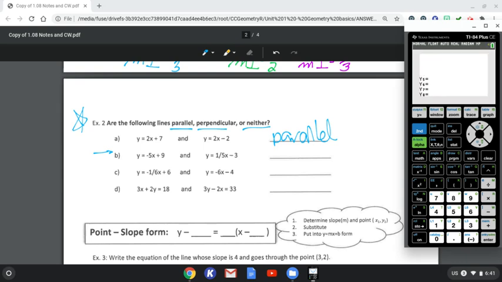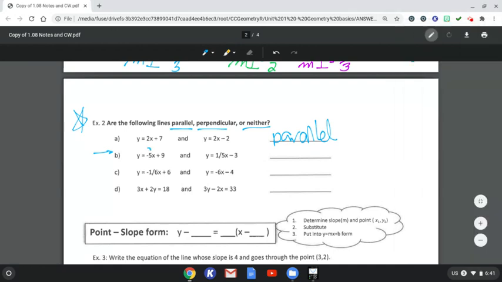Something I want to explain to you, when you graph them, your calculator screen is more rectangular than it is square, so this might not look exactly perpendicular. That's where knowing the rules is really important. But -5 and +1/5 are negative reciprocals, so these are going to be perpendicular. And remember, your symbol for perpendicular is that upside down T.